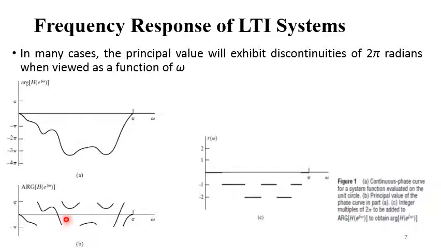The values shown in figure B are the principal values, and it can be observed that the principal values have jumps of 2 pi, owing to the integer multiples of 2 pi that must be subtracted in certain regions to bring the phase curve within the range of the principal value. Similarly, figure C shows the corresponding value of r of omega, as we discussed in the previous slide. Thus, adding this will result in continuous values of the phase.